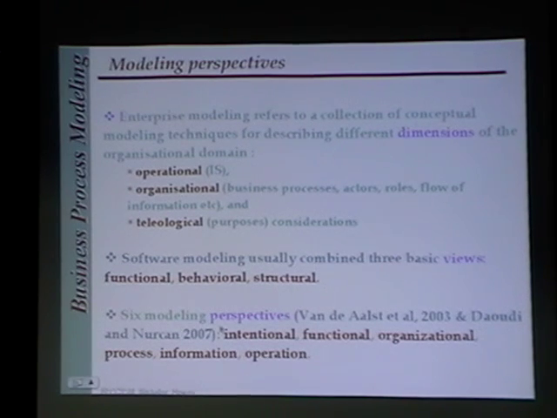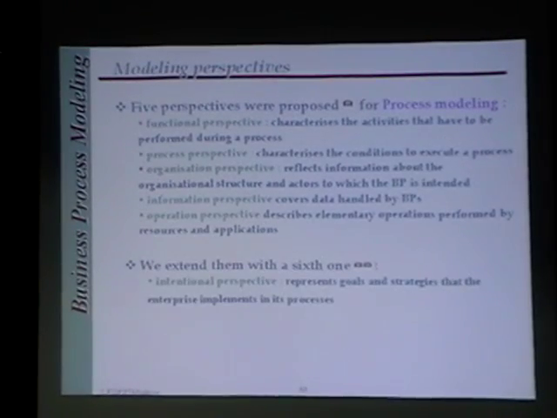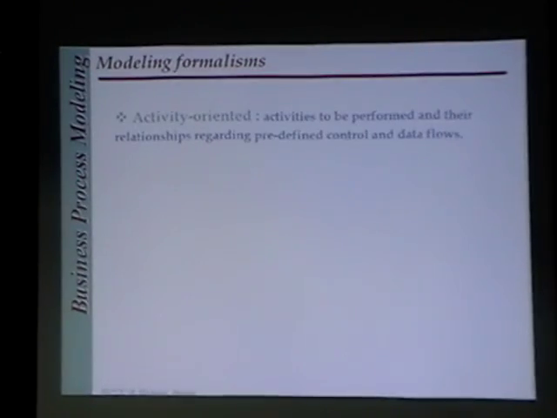There are 6 modeling perspectives in the literature: intentional, functional, organizational, process, information, and operation. The 5 latest have been proposed by Mandaras and Isi. The intentional one has been added by our team in our work. Here are the papers and the references that I put.